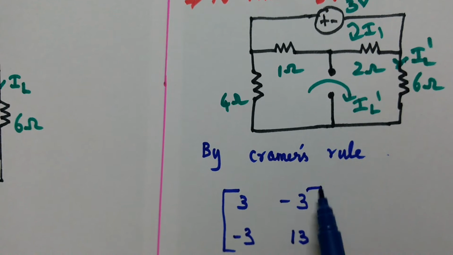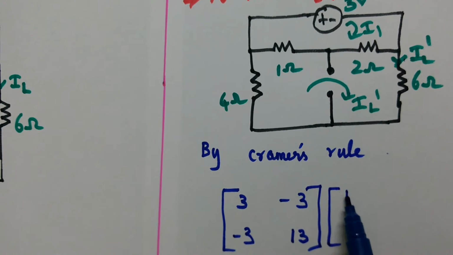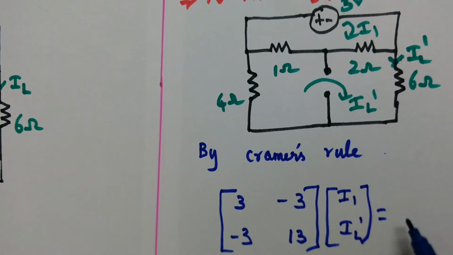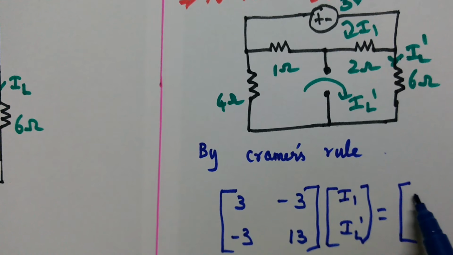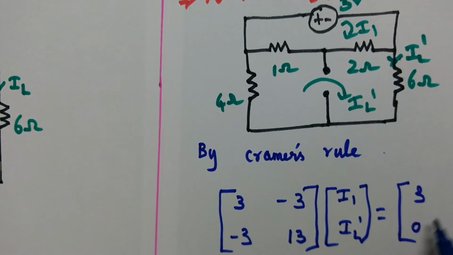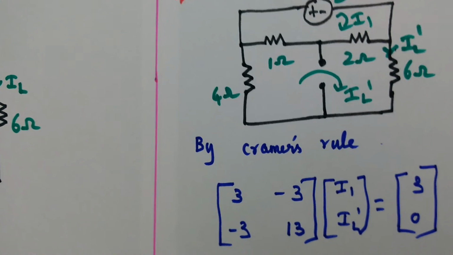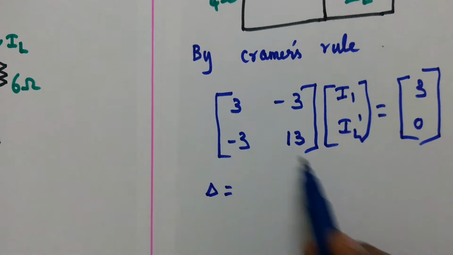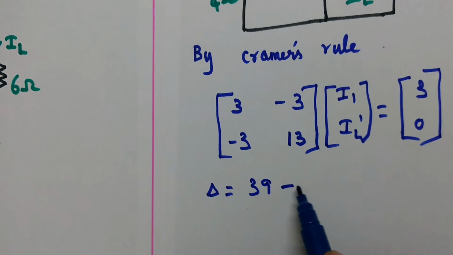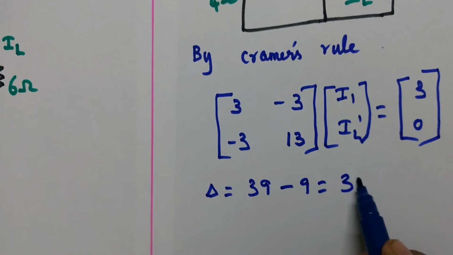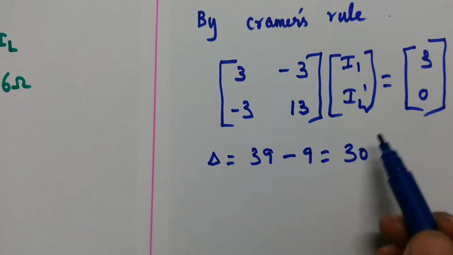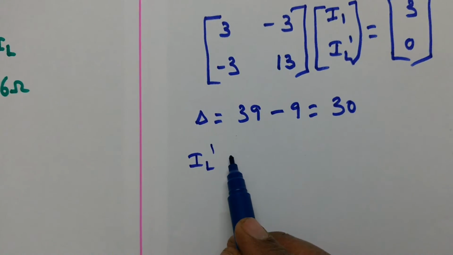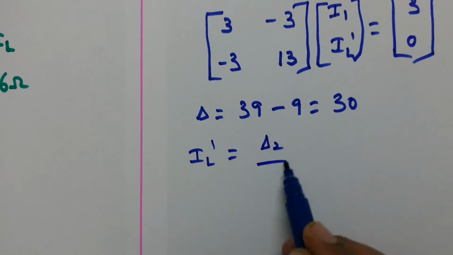So 13 for IL dash, and these two resistances are common for the two loops, so minus 3. Times the loop currents: the first loop current is I1, the second loop current is IL dash, equal to the voltages: 3 for the first loop and 0 for the second. Now we can find the delta. The determinant of this is 39 minus 9, that is equal to 30. Then IL dash is delta 2 by delta.